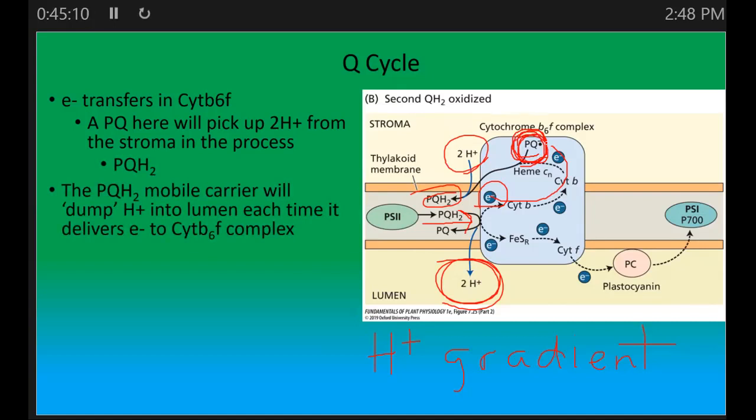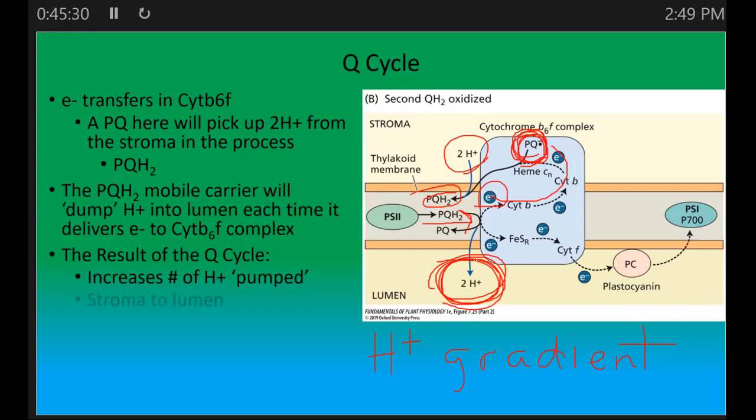And then that mobile carrier keeps dumping protons into the lumen as it's delivering its electrons. So when you look at it, it really allows for an increase in the number of protons that get pumped or dumped from the stroma to the lumen.